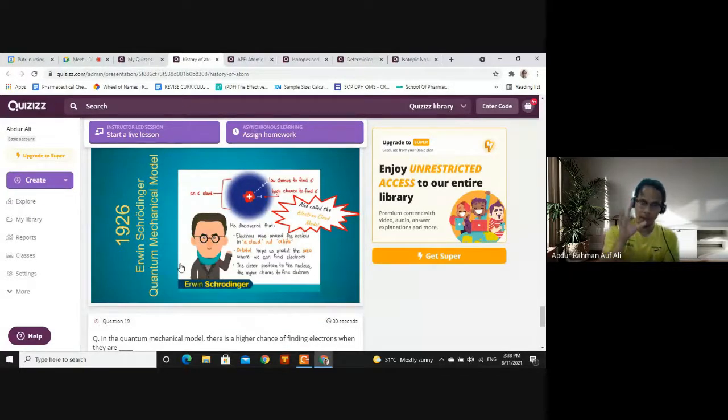That means we have understood the atomic structure, and we have developed a lot of technologies that we see now. We are able to harness solar energy. We developed GPS, and how we travel to space. We landed on the moon.